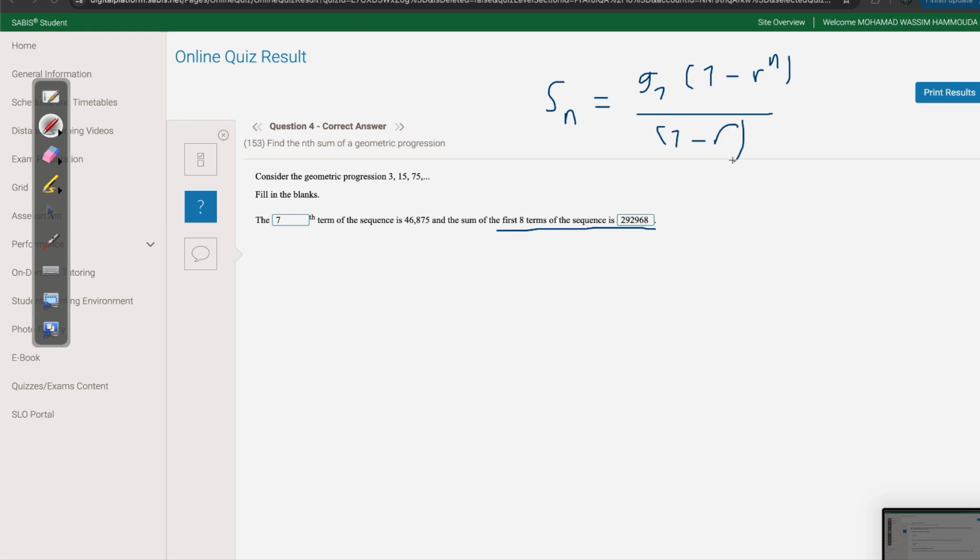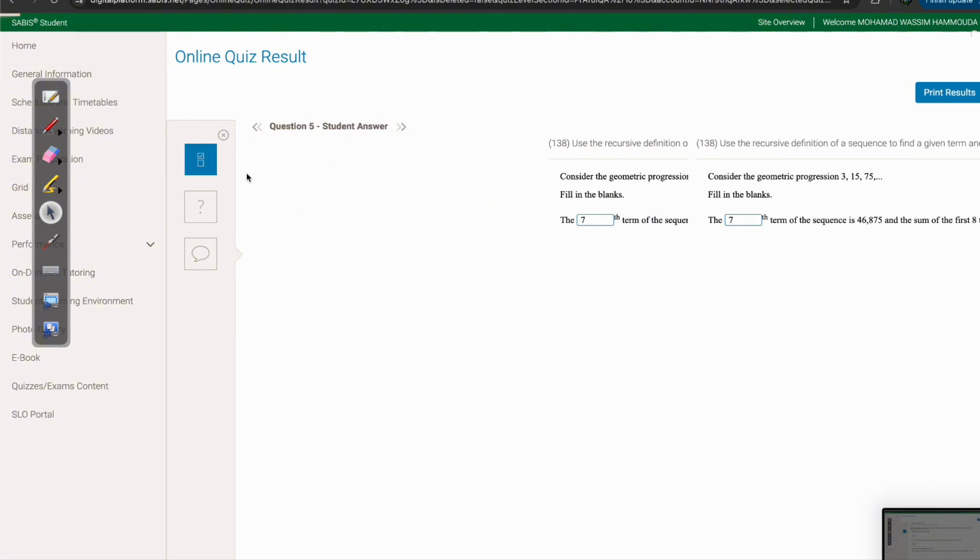You're gonna plug this into the calculator. So 3 into 1 minus 5 to the power of 8 over 1 minus 5. You're gonna get 292968, which is the correct answer. Number 5.